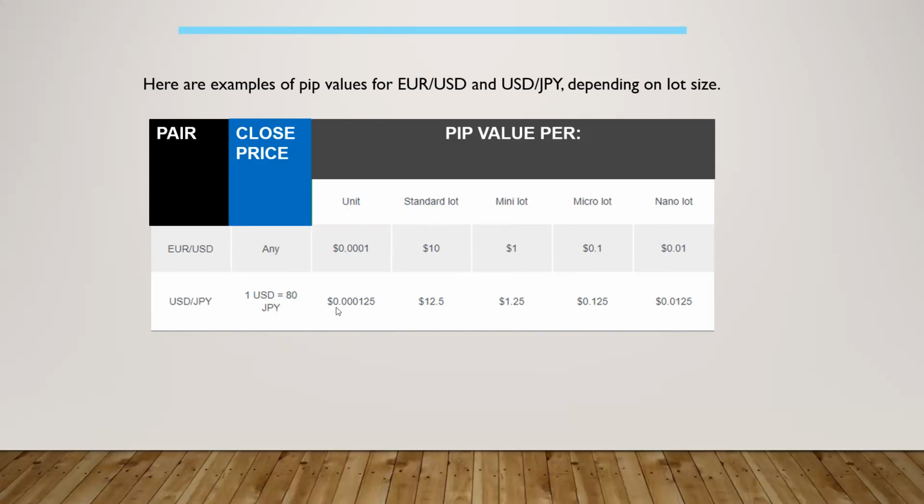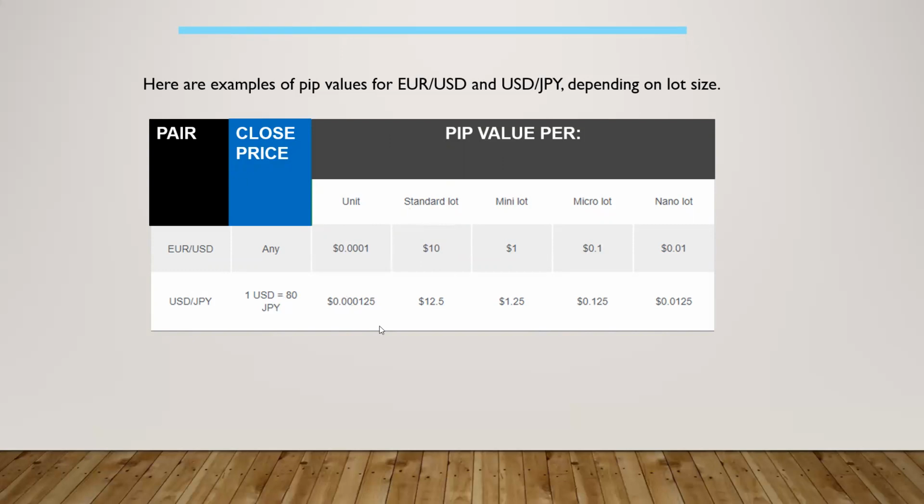So you have 0.000125 per unit. In that unit, you are multiplying 0.000125 times the standard lot, which will give you 12.5.